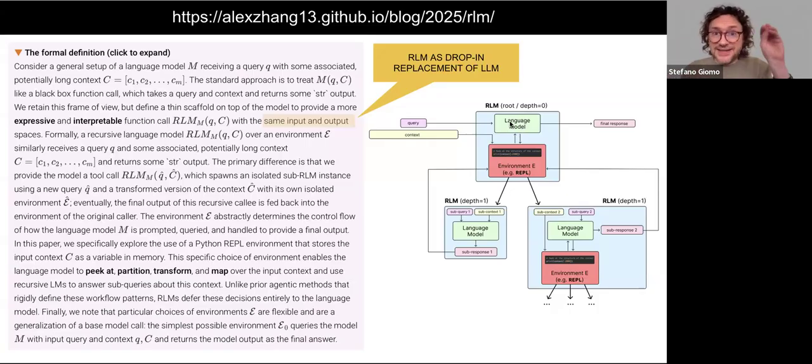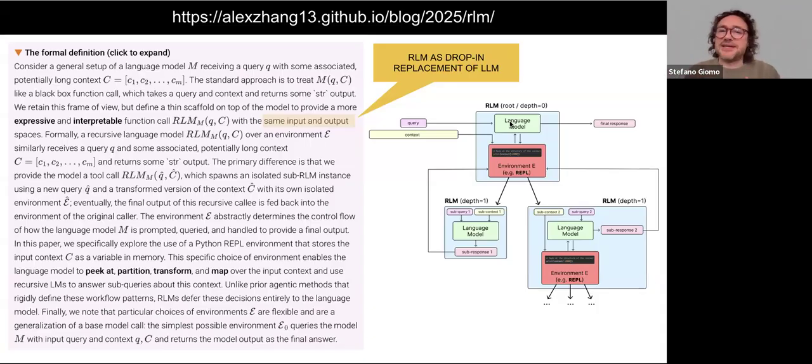So you provide the context as a variable, literally the variable context, in this environment. And you tell the language model, with a little bit of a prompt, we will see an implementation, that it has the ability to explore with Python the variable that contains all the information.